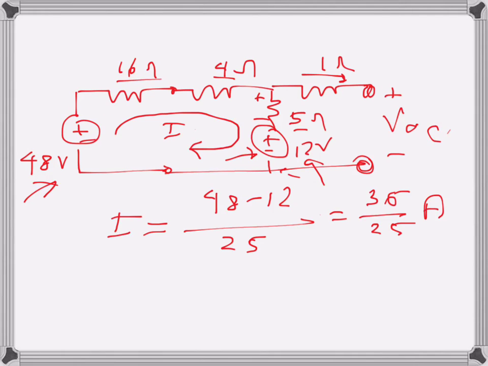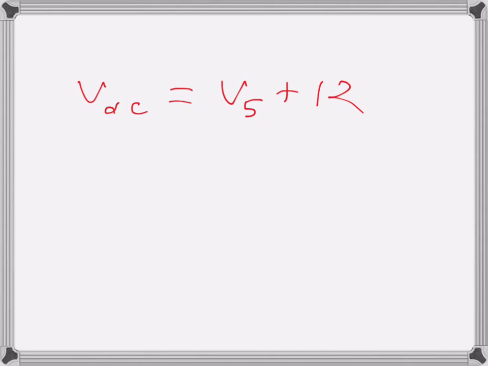So VOC will be just the voltage drop across the 5 ohms resistance plus the voltage source 12 volts, because when I'm going this way, that's a drop there. So V5 means the voltage drop across the 5 ohms resistance.